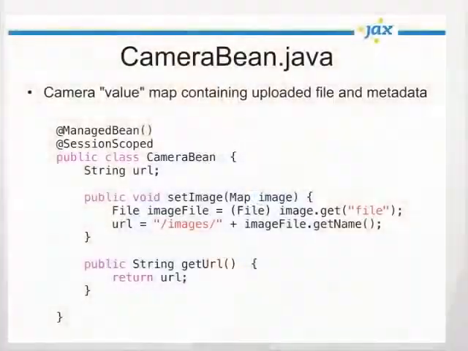But that wouldn't have allowed you to pass back metadata, such as the name of the file as specified by the device, or in the case of images, there can be some other interesting metadata, such as the size and the exposure and various things that might be conveniently accessed at this point. So what do we do? We get the upload, it's set in as a value, and then from that value, we can move the file where we want it, generate a URL, and have a getter for the URL so that that current image can be displayed in the web page.